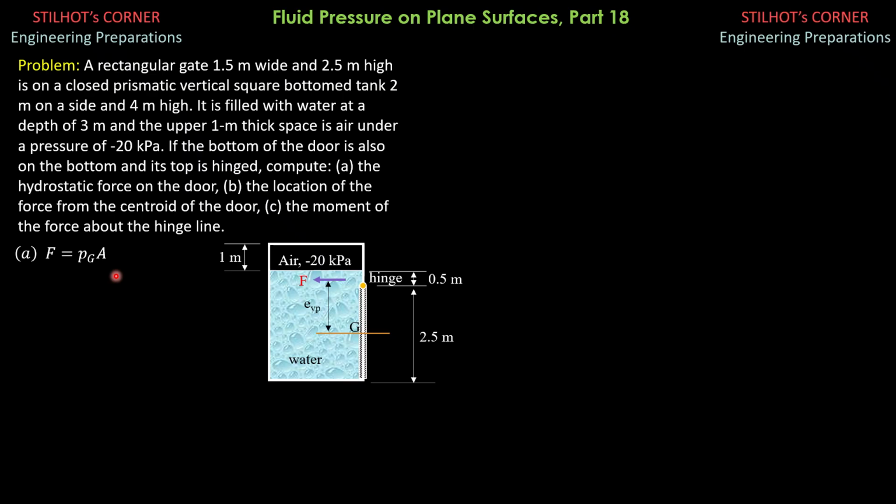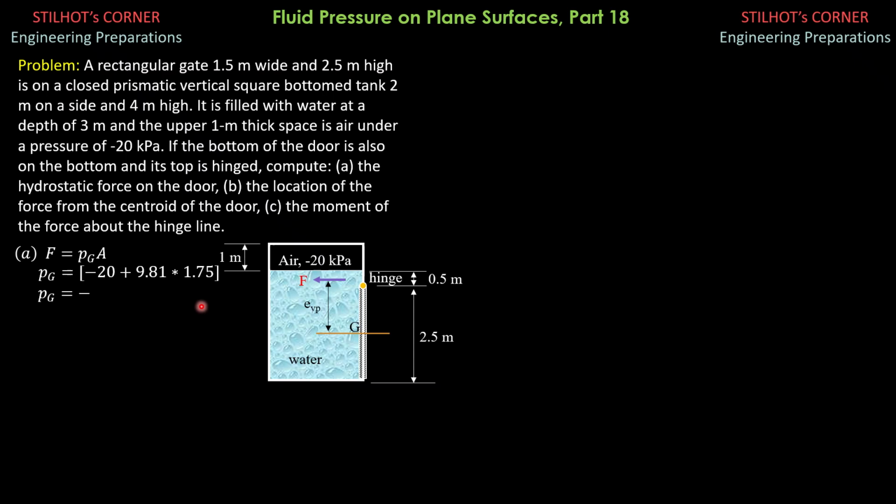So pressure at G is negative 20 plus 9.81, the specific weight of water, times the distance to the level of the centroid, which is 0.5 plus half of 2.5, which is 1.25. So 0.5 plus 1.25 is 1.75. So pressure at G is negative 20 plus 9.81 times 1.75.